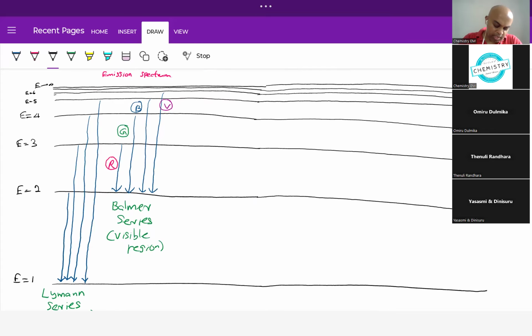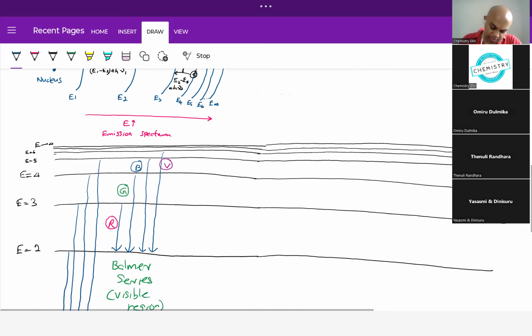There can be situations where electrons are moving from high energy levels to E equals 3, like this. High energy levels to E equals 3.